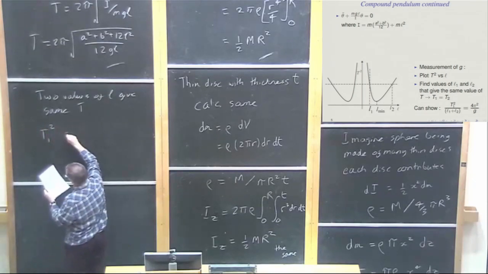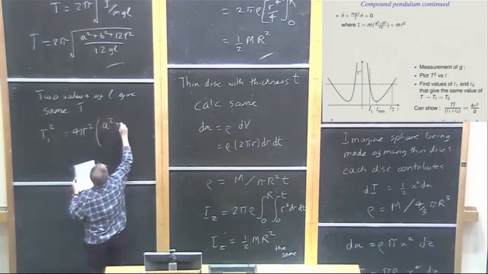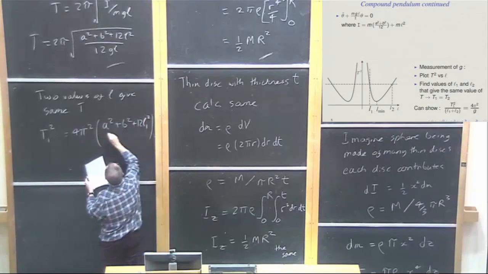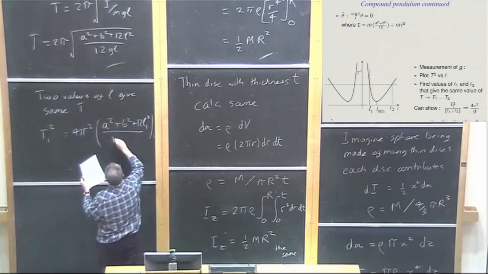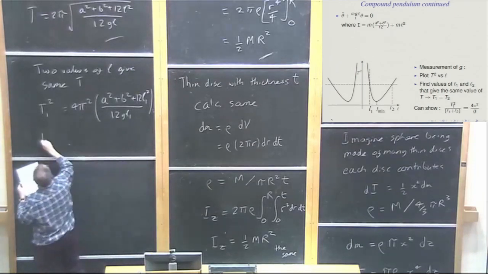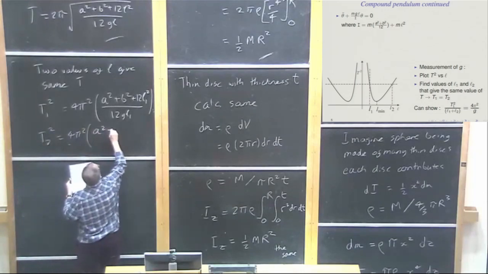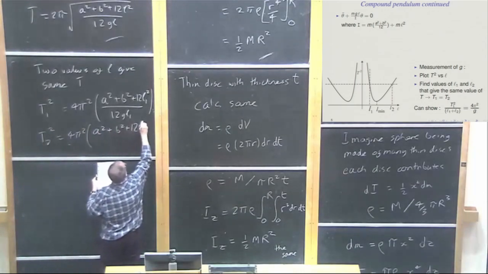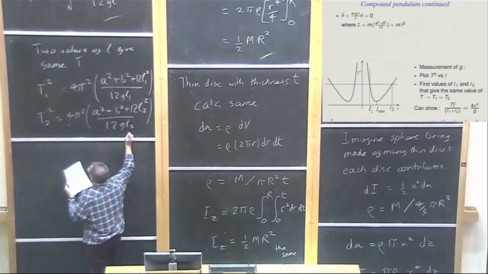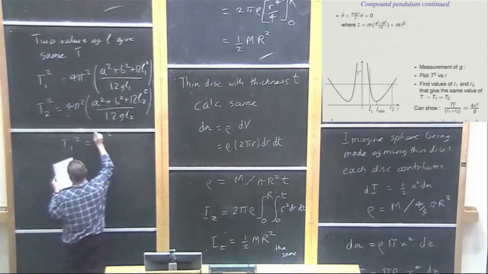If I just square all of that, we get 4 pi squared times a squared plus b squared plus 12 L1 squared over 12 g L1. And T2 squared is just the same thing, I'm stupidly writing it out again, but with an L2 in it. And so we're considering the case where T1 squared is equal to T2 squared.